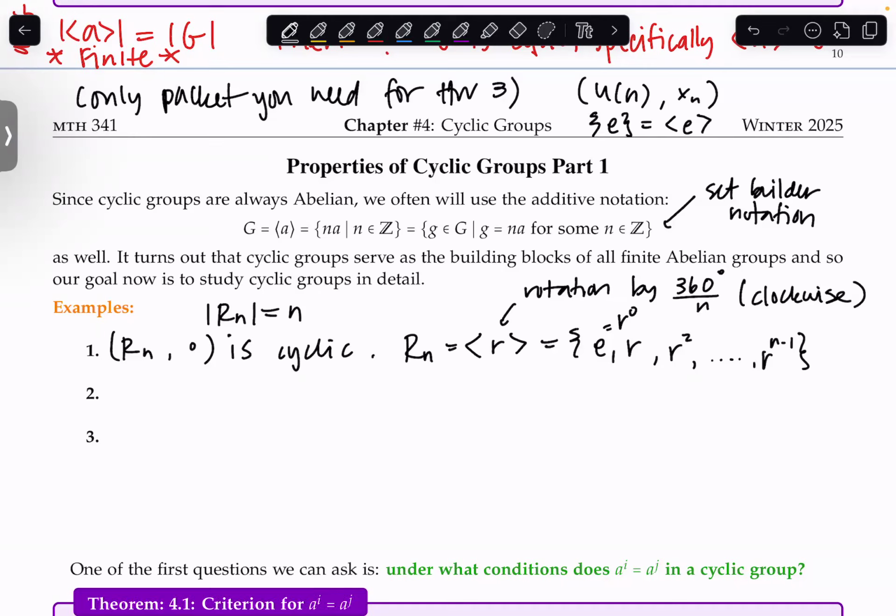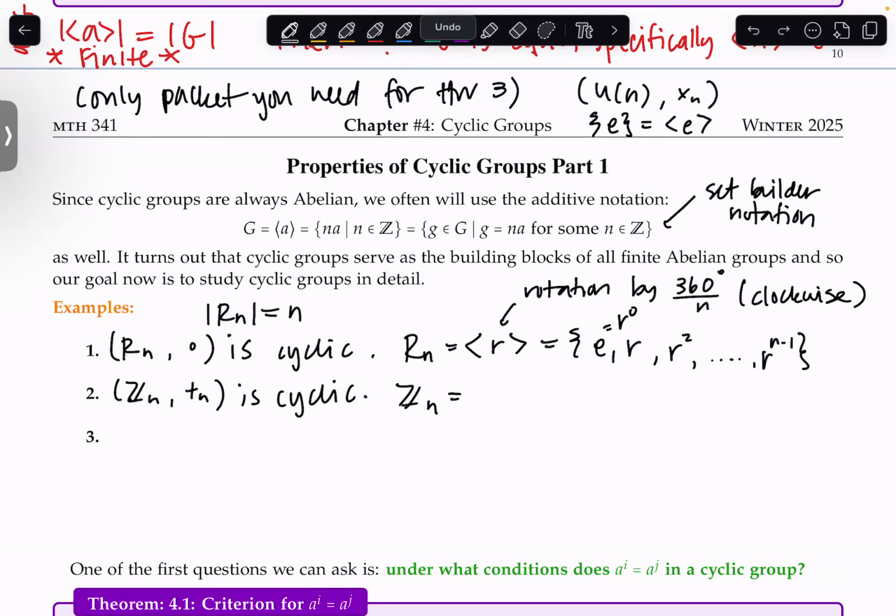What's the nicest group that we learned in 311? Our Z_n. So these are going to work almost identically. Is this under addition or multiplication? Under addition. Under multiplication, we don't necessarily get a group because we don't necessarily get inverses for all our elements. Specifically, 0 I know for sure will not have an inverse. And what is this generated by?